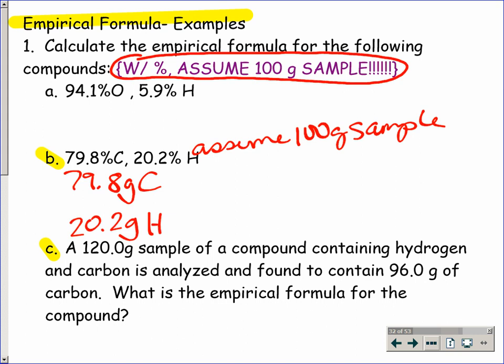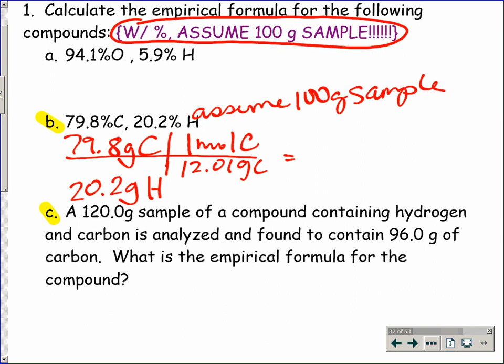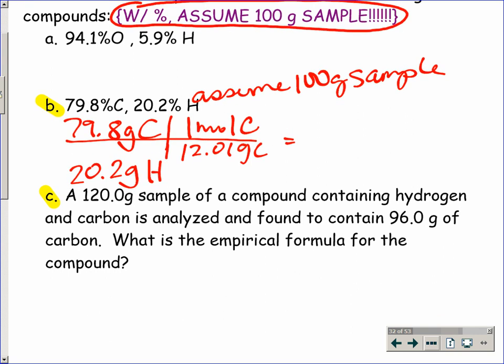So what's the process for converting these grams of carbon to moles? What goes on top? Everybody should be able to tell me here. 1 mole of carbon. Okay, and then what should go on bottom? You need a periodic table, unless you just memorize these. Thank you. 12.01 grams of carbon. Okay, so go ahead and get that number for me. You guys have a calculator, so if you don't have one, go grab one now.